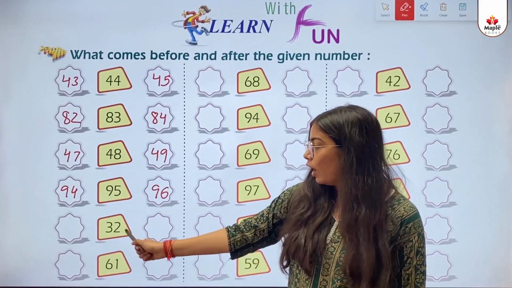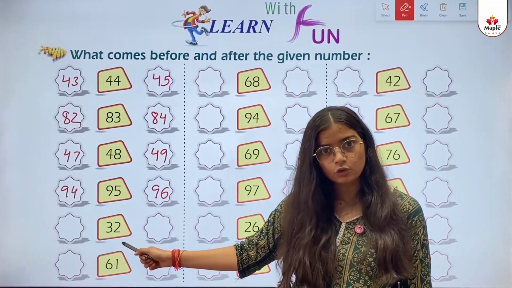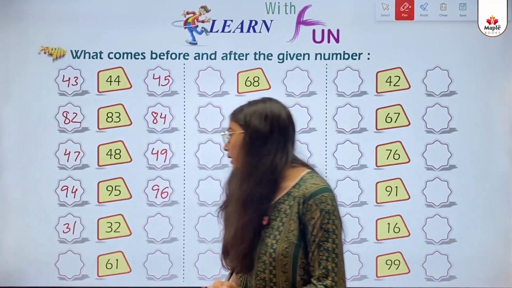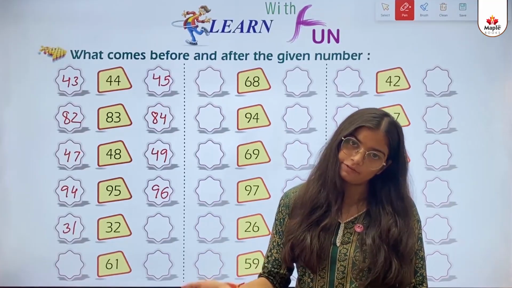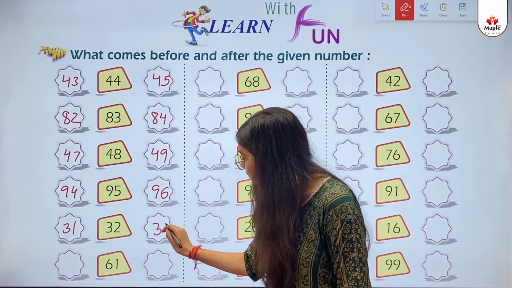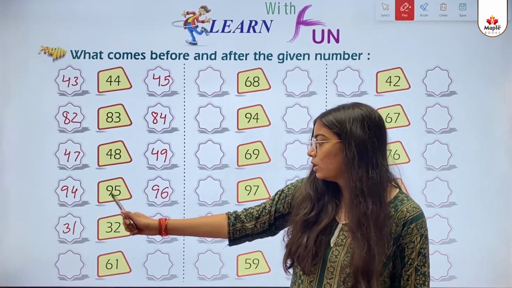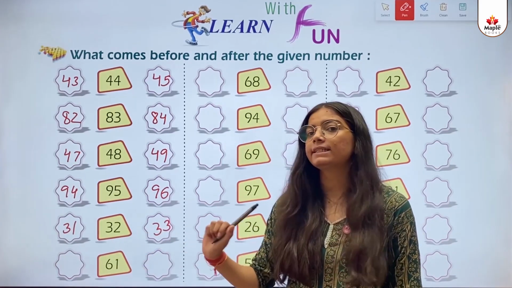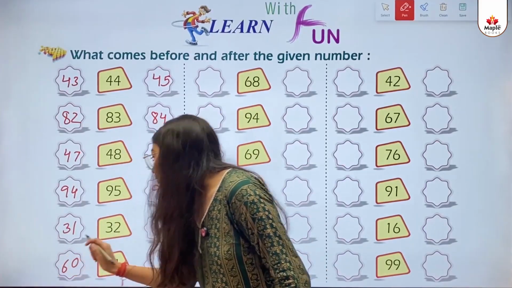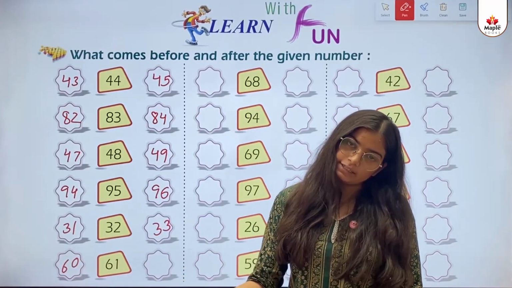Then what comes before 32? That is 31. Then what comes after 32? That is 33. Then what comes before 61? That is 60. Then what comes after 61?